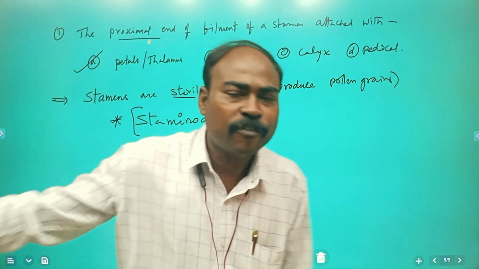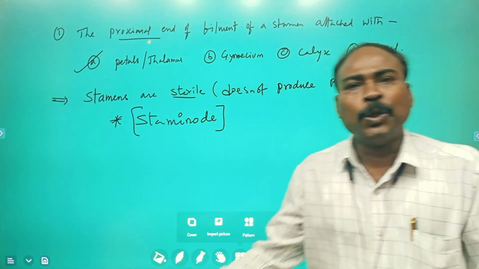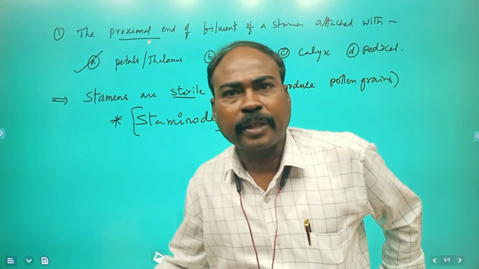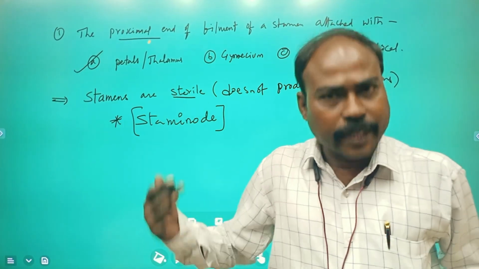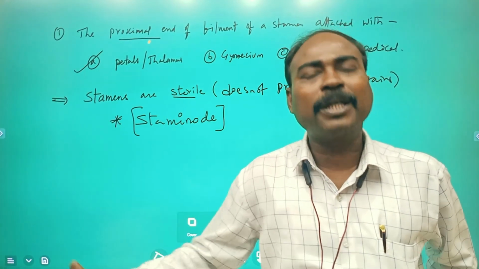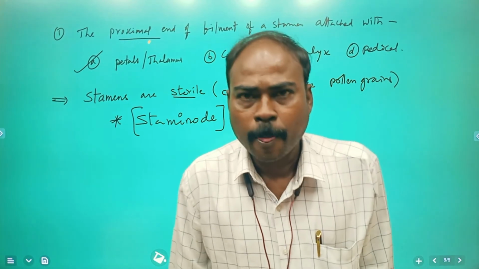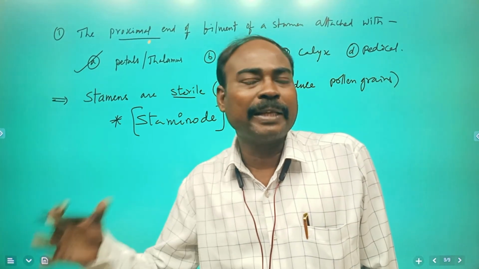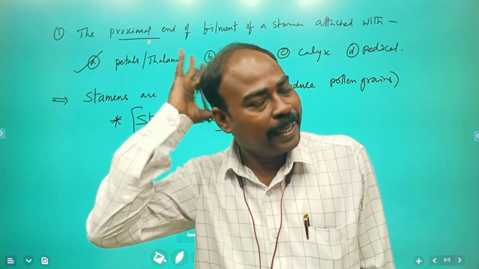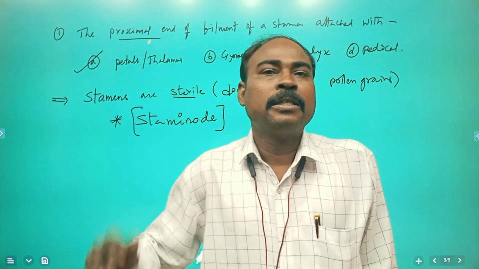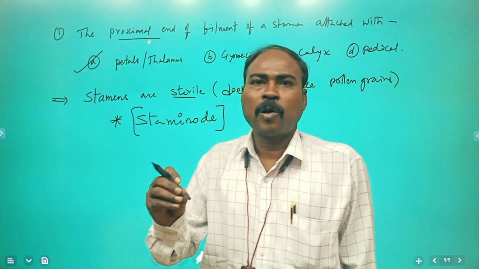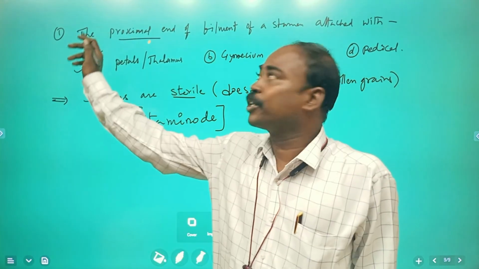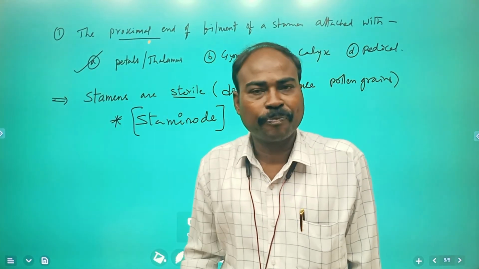The stamens in a flower may be 2 or 4 or 3 or 5 or 6 or many in number, depending on the species. So different flowers have different numbers of stamens. All these stamens together are called androecium, that is the third whorl.